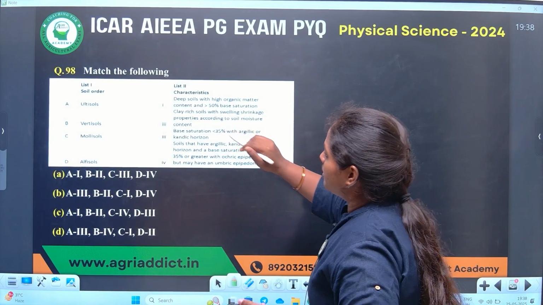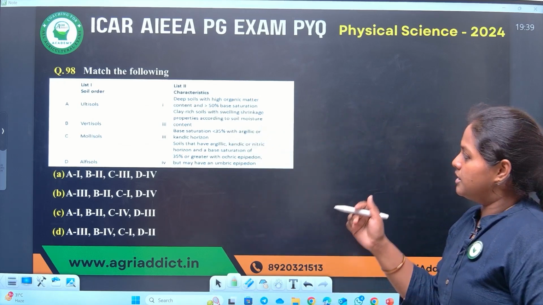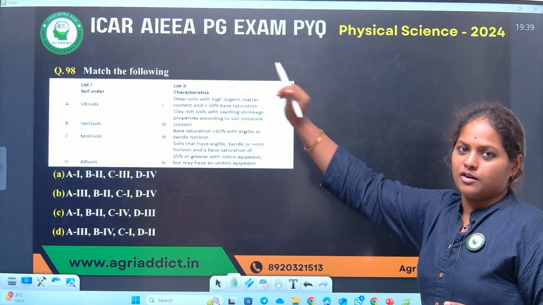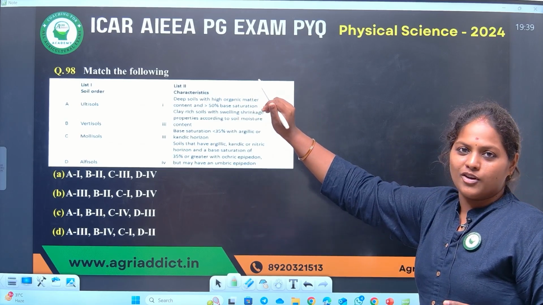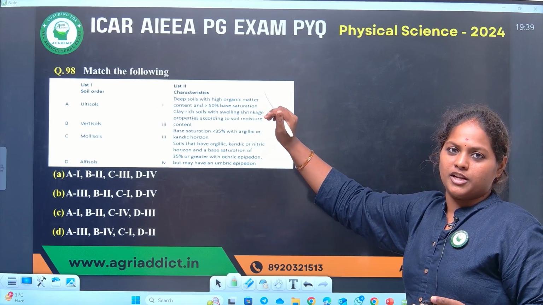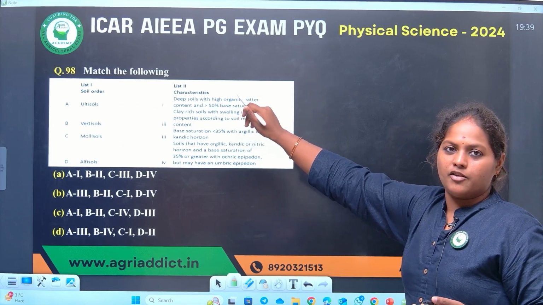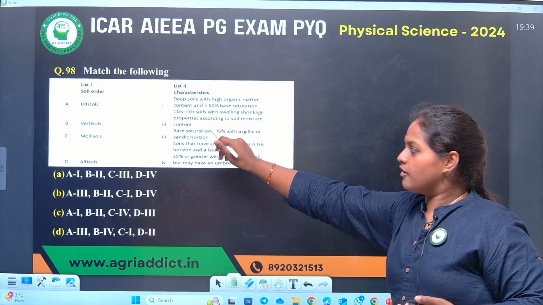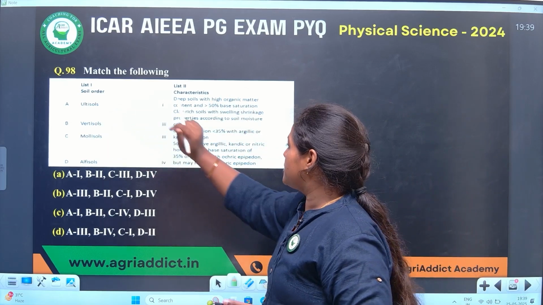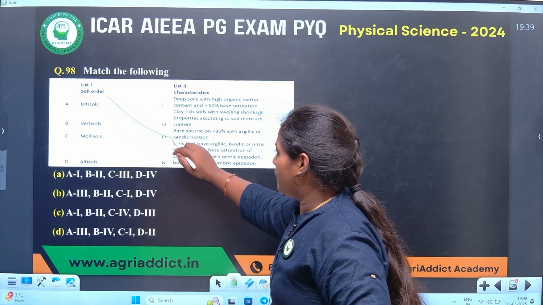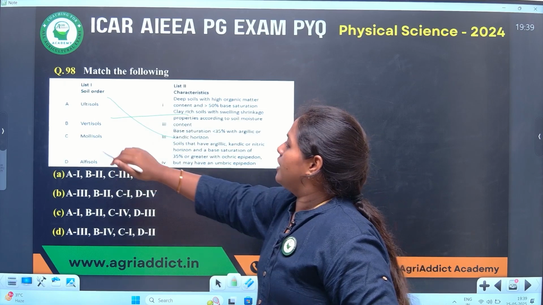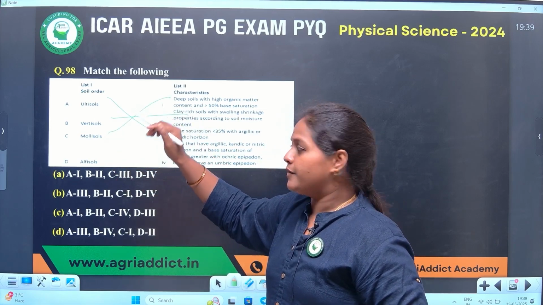Question number 98, soil order and characteristics. This question, if any aspirant has committed wrong, means he is not following the classes properly, not reading the lectures properly, because this is the most fundamental and important question that every aspirant should know. Ultisols have lesser base saturation, that is less than 35%. Vertisol, swelling shrinkage nature. Mollisol, high organic matter, that is greater than 50%.